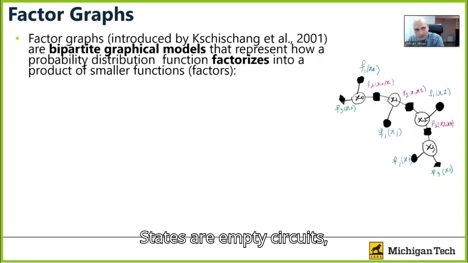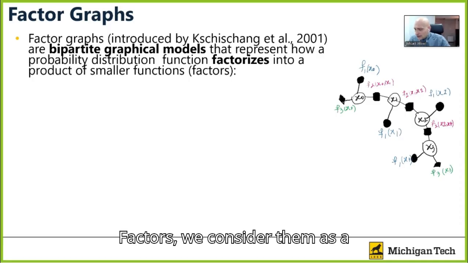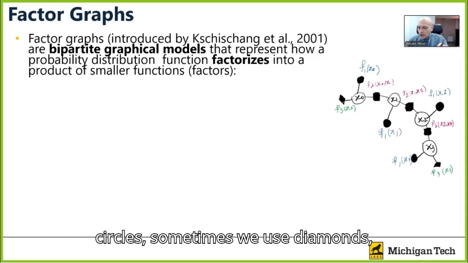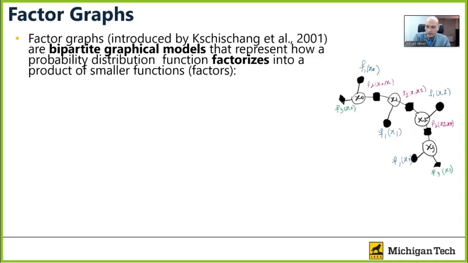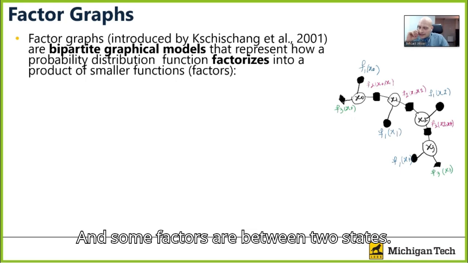States are empty circles. Factors we consider as filled objects. Sometimes we use circles, sometimes diamonds, rectangles, triangles, whatever.